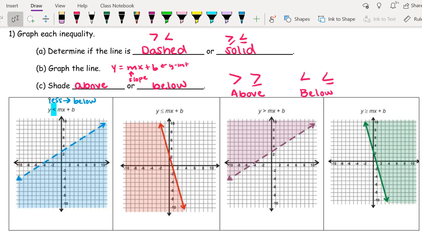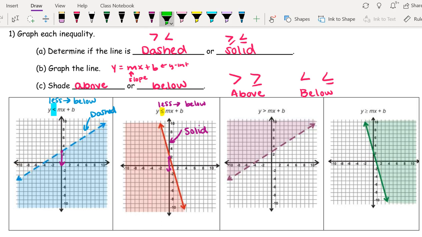Also, there's no equal to underneath, so note I have this dashed line. Okay, this is a less than or equal to symbol. So since I have the equal to, that means I'm going to have this solid line. And again, it's less, so we're going to shade below. Remember, that means go to your y-intercept and shade below the line.